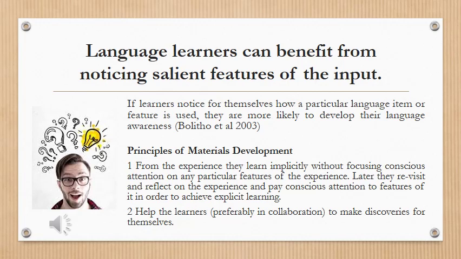Later they revisit and reflect on their experience and pay conscious attention to features in it in order to achieve explicit learning. Help the learners, preferably in collaboration, to make discoveries for themselves.